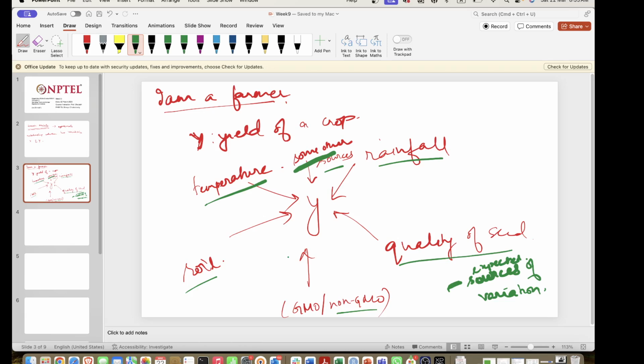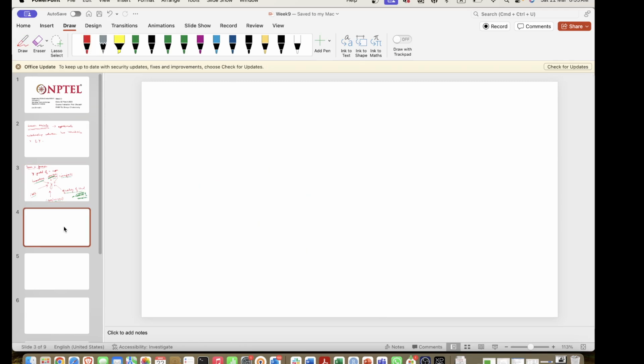Okay, all right. Now that I know, or I don't know, I am assuming that there could be a relationship between these factors and my variable of interest, that is yield.